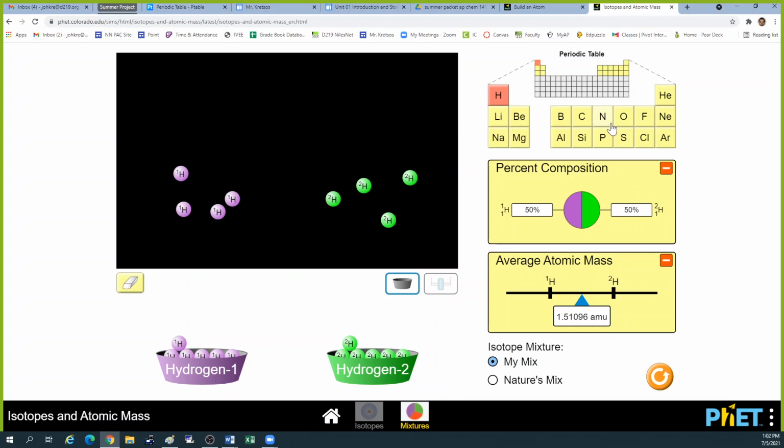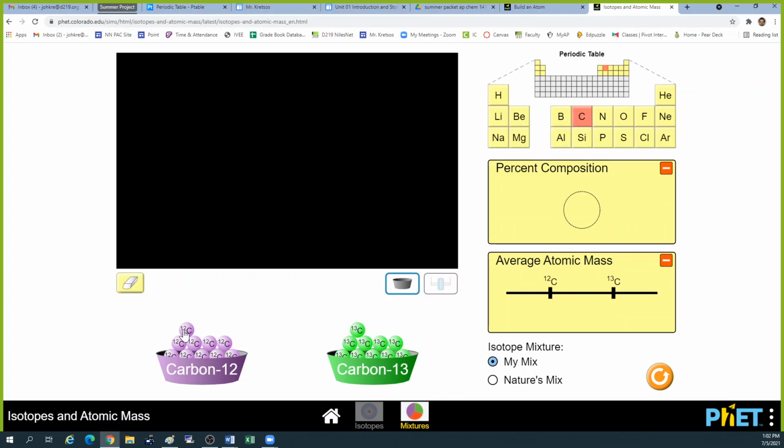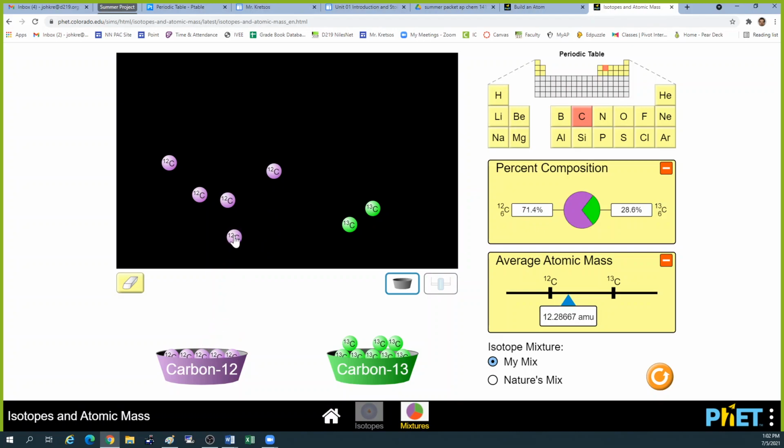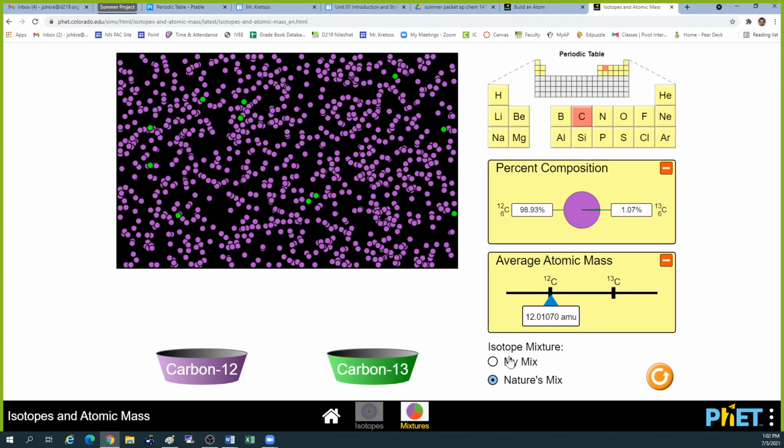Let's look at a different element. Let's say carbon. Most carbon is carbon-12. Throw in some carbon-13, and you start to shift the average. So depending on the distribution, okay? Now, if you want to look at how nature looks for any of these elements, this shows you the relative mixture of a sample of naturally occurring carbon based on the isotopes.